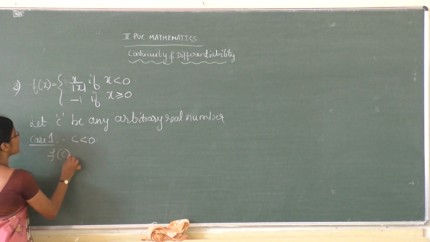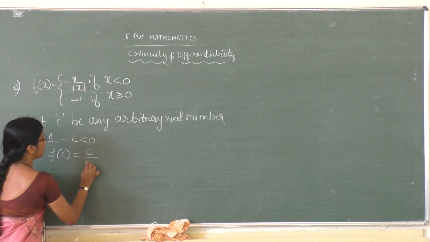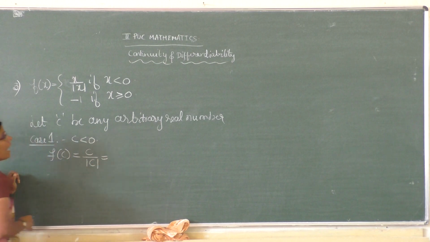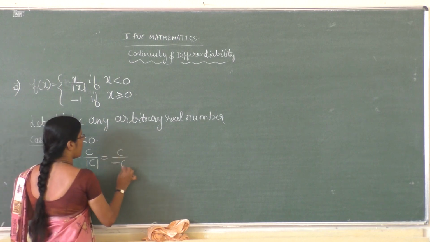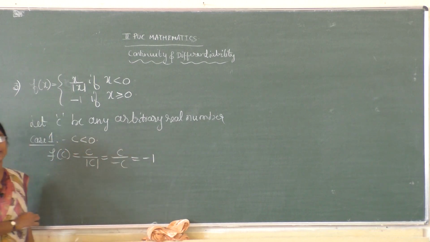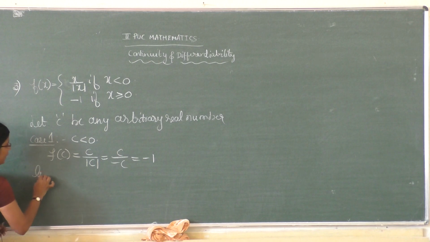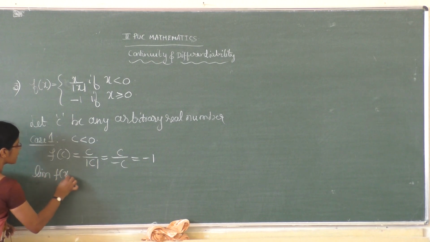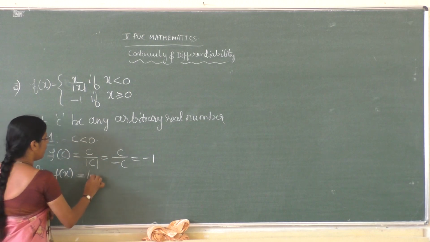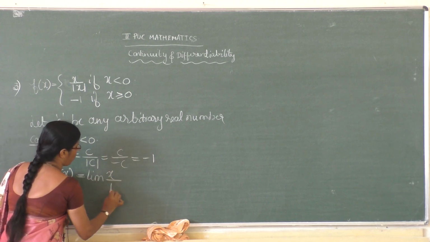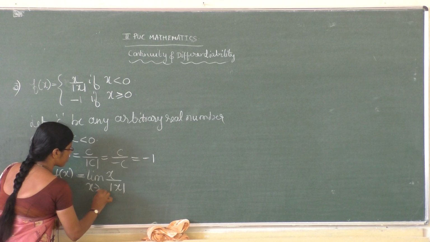Then f of c is equal to c by modulus of c. When c is less than 0, modulus of c becomes minus c, so we get c by minus c, that equals minus 1. Then the limit of f of x as x tends to c equals the limit of x by mod x as x tends to c.